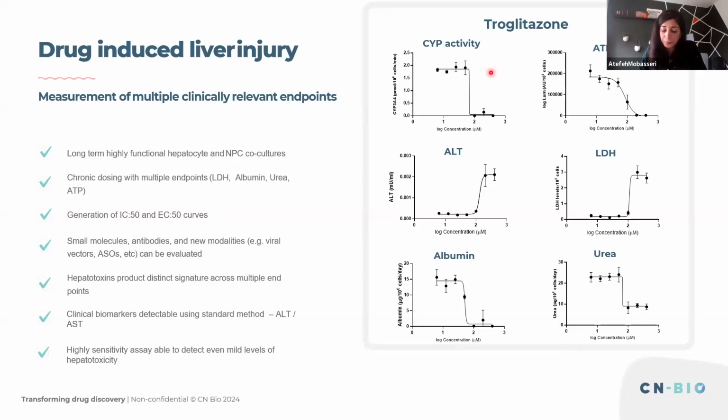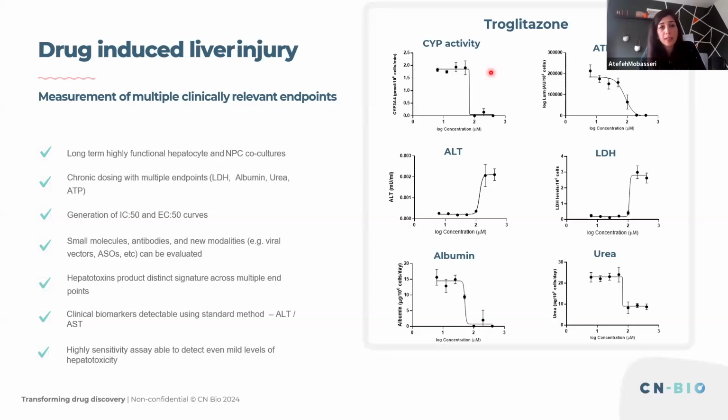So we chose this compound. We added it in our model, and we can, in different ways, look at the toxicity effect. We can look at the effect of this compound on the metabolic activity, on albumin production, and on top of that, we can look at the clinical biomarkers.